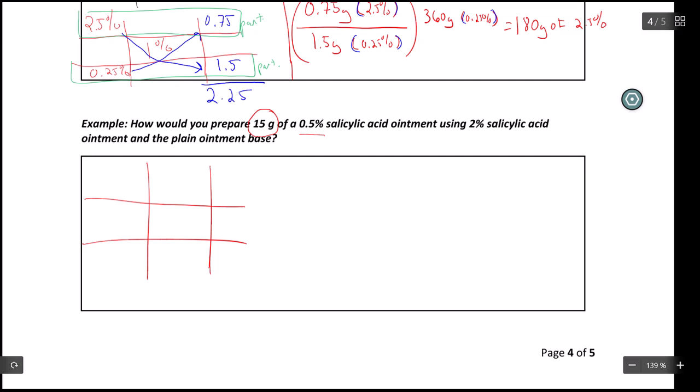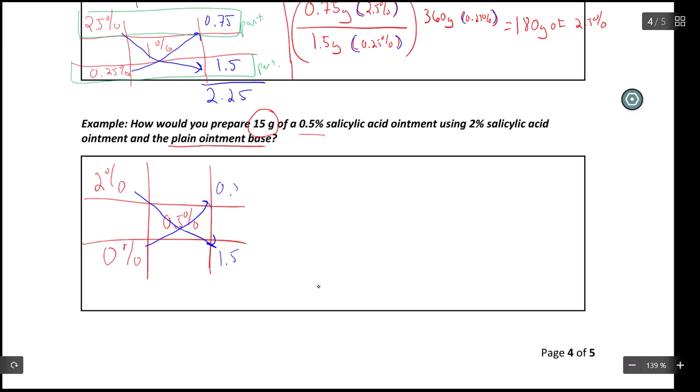Lowest concentration we have is 0. Why? Because we have plain base, 0%. No drug in there. It's our lowest concentration. What's the desired strength? 0.5%. Do our subtraction here and here. 2 minus 0.5, 1.5. 0.5 minus 0 is 0.5.